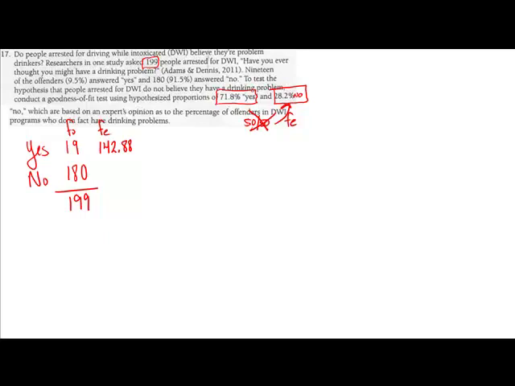Okay, let's try this again. We had 199 times 0.282. That is 56.118. We're going to round that to 56.12.